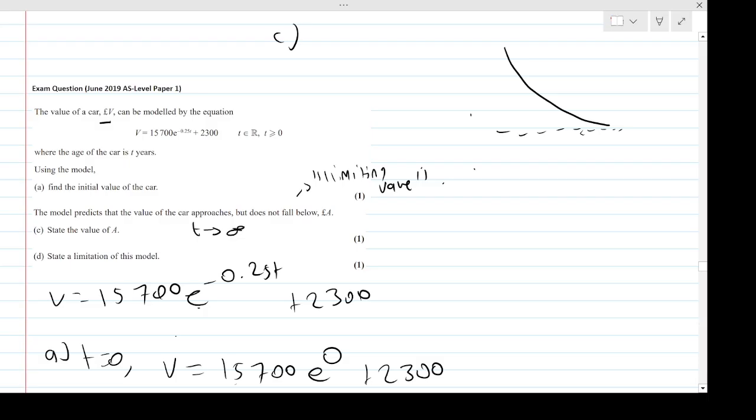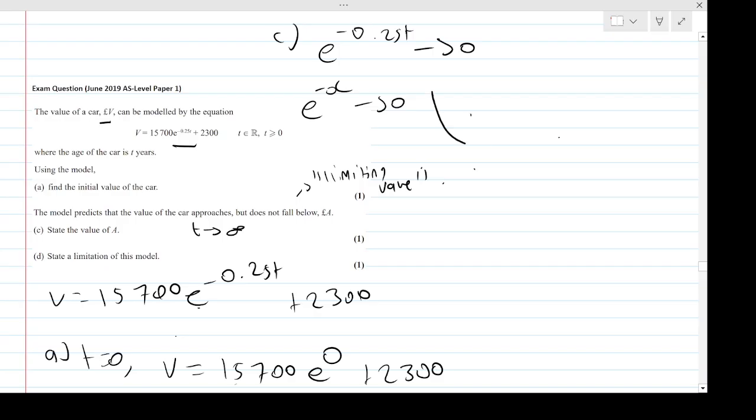Here we've got e to the negative 0.25t, so that will go to 0, because anything like e to the negative x for any x goes to 0. Remember, that's the exponential curve.